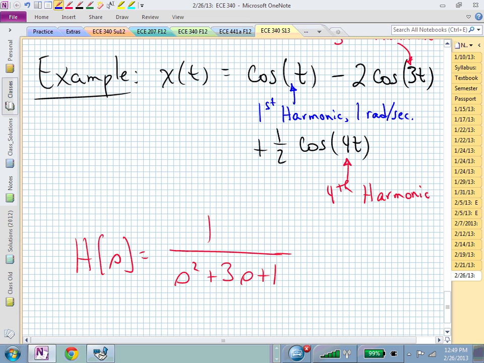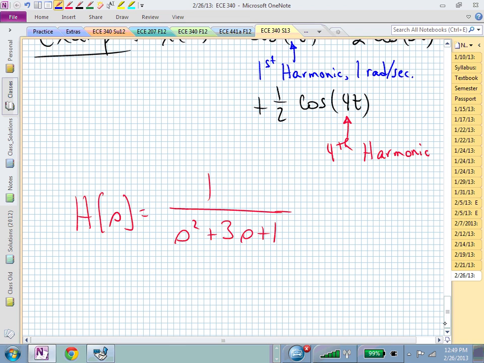We're now exciting this system with 3 different frequencies, the first harmonic, third harmonic, and fourth harmonic of this x of t. And right now I'm just asking you what's going to happen if we hit it with cosine of t, or what's going to be the response of the first harmonic. We can now identify omega sub 1 as 1.